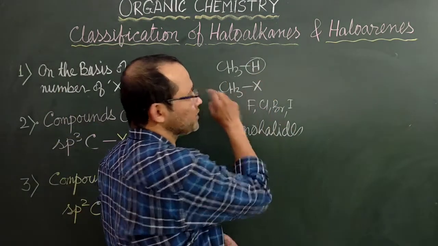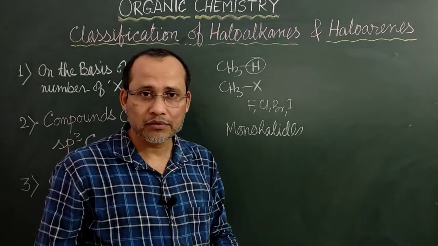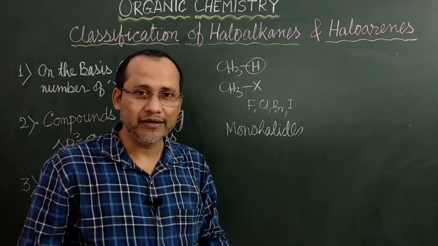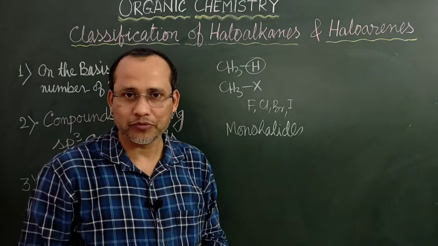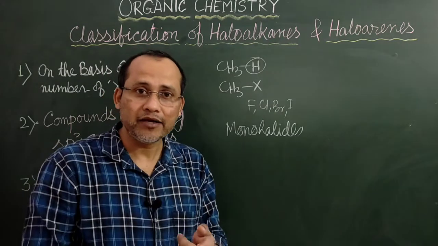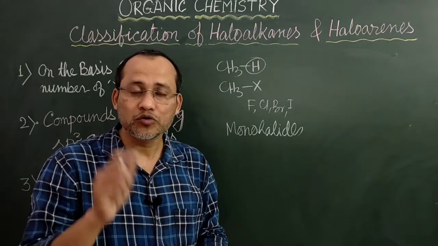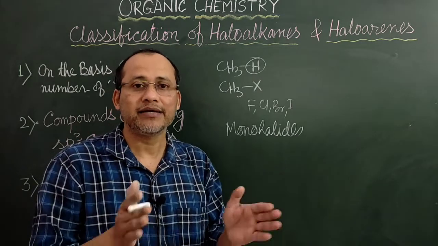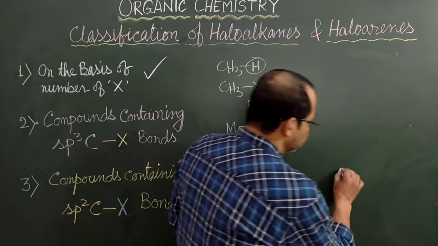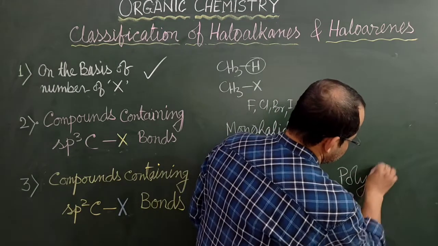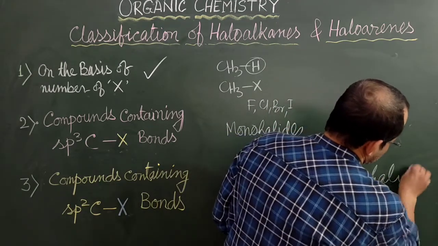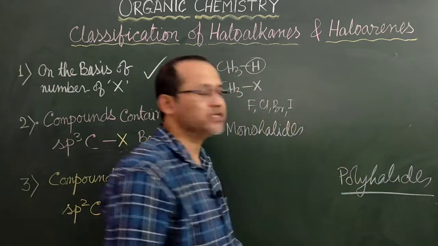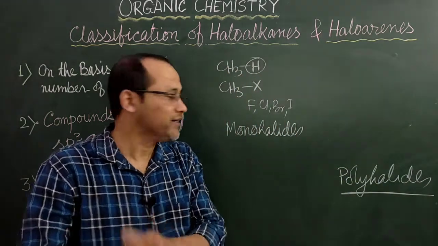Now if one halogen may be there, why not two? Why not more? Yes, definitely two or more halogens will also be there. And if any compound contains two or more halogen atoms, then they will in general be termed polyhalides. Now this one we shall discuss in a little more detail.